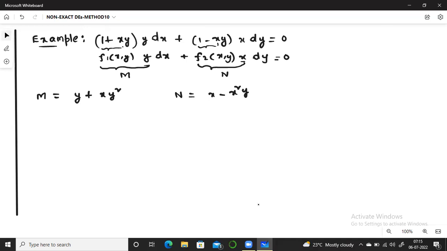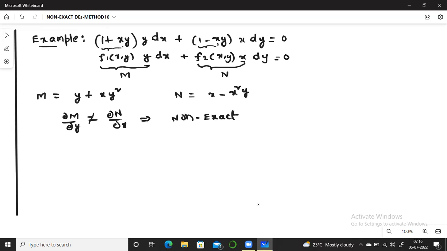Now if you calculate dou M over dou y and dou N over dou x, definitely it is non-exact only. I'm not calculating it here; please calculate it yourself, because we have done many problems in the beginning on how to calculate. Dou M over dou y is definitely not equal to dou N over dou x. So my equation is non-exact.